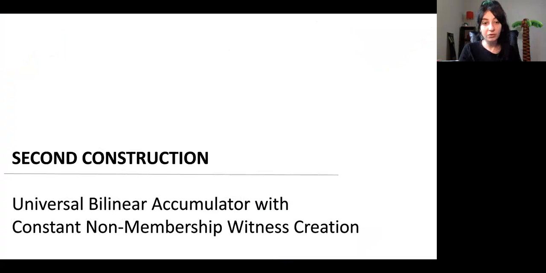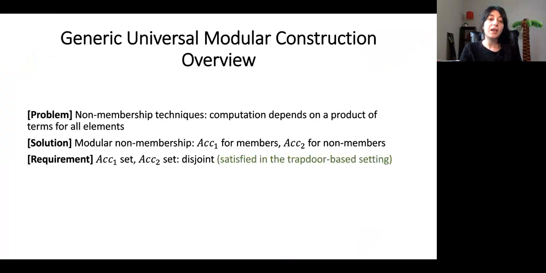Moving to our second construction, this is a universal accumulator. And let me remind you here that the problem was the expensive non-membership in both instantiations. And an idea is to use two different accumulators, one for members and one for non-members. So non-membership now corresponds to membership in accumulator 2. And because we trust the manager, we don't need a disjointness proof for the two sets.